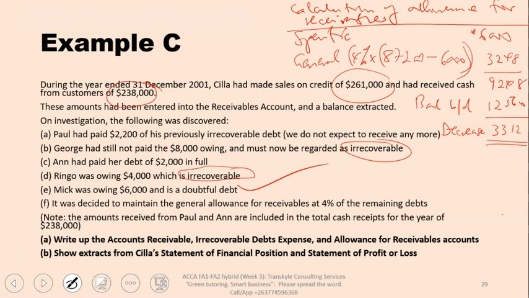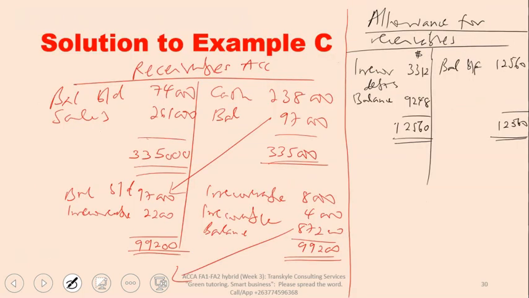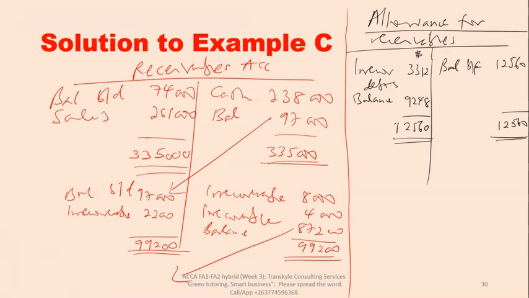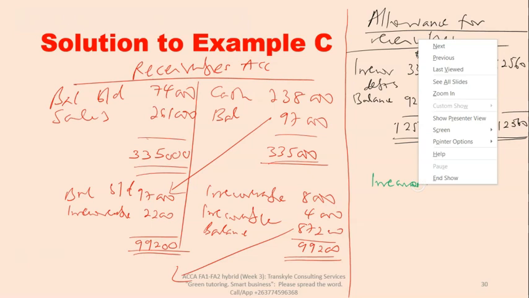Now, which account is not being covered here? I'm sure we also need this other account here, the irrecoverable debts recovered.